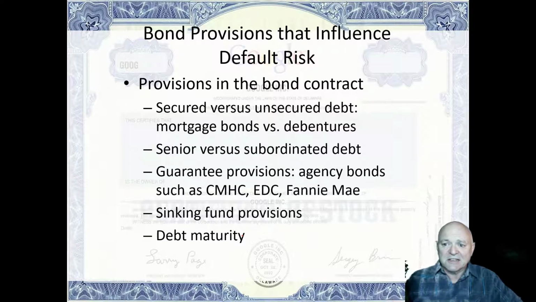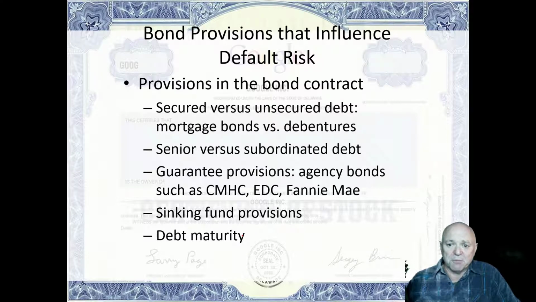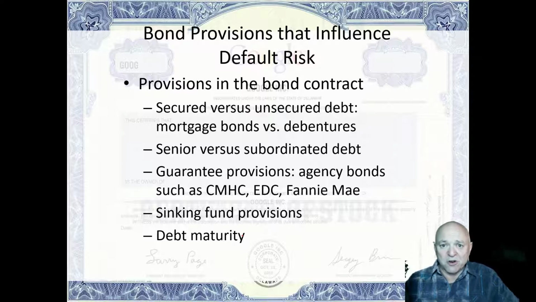Some of the things that affect default risk are different types of provisions that are in the bond contract. For example, if the bond itself is secured by some kind of an underlying asset. In the true historical sense, bonds always were secured by some kind of underlying asset, and debentures, not to be confused with dentures, those are false teeth, were generally unsecured.